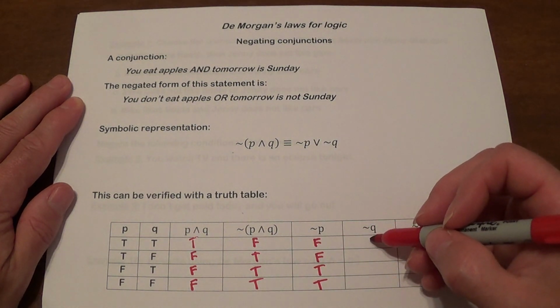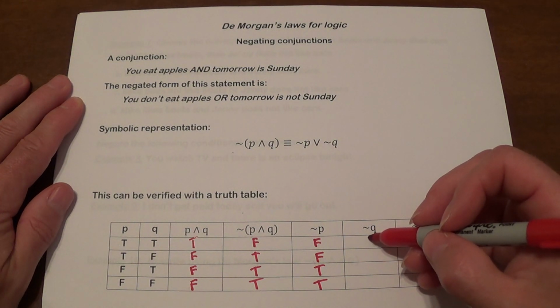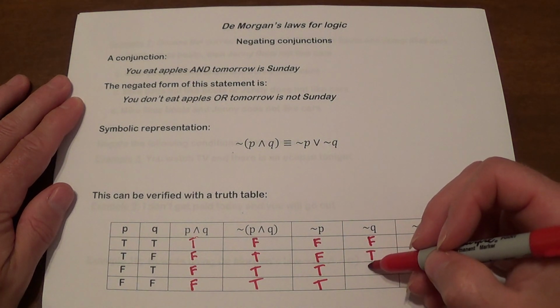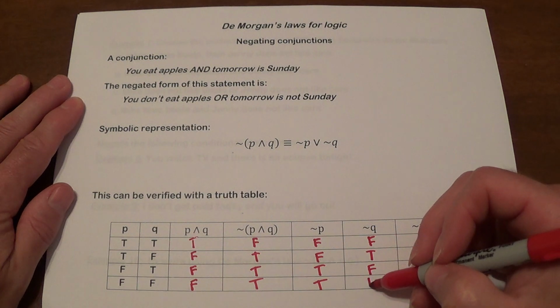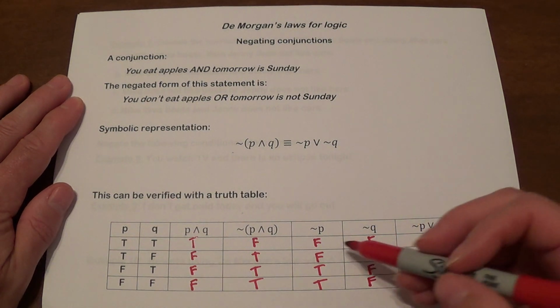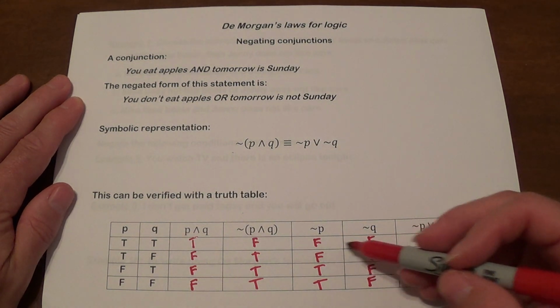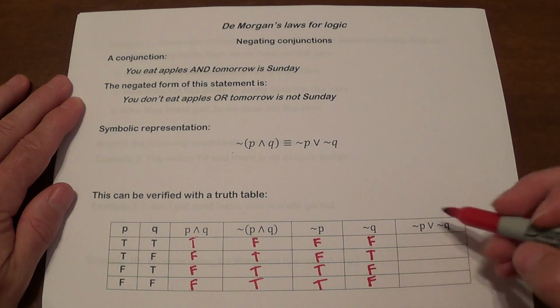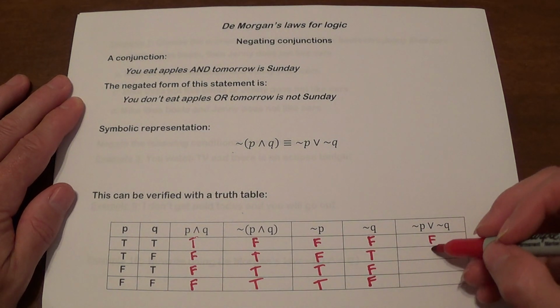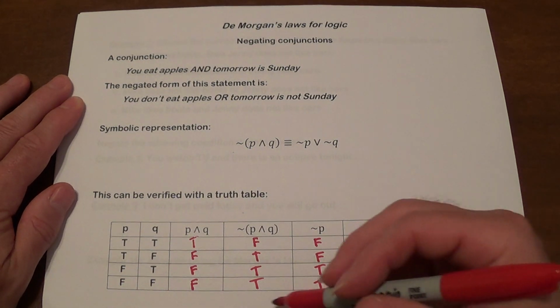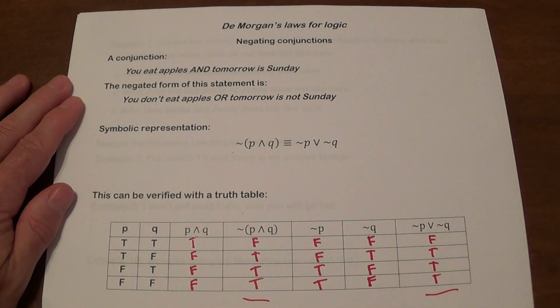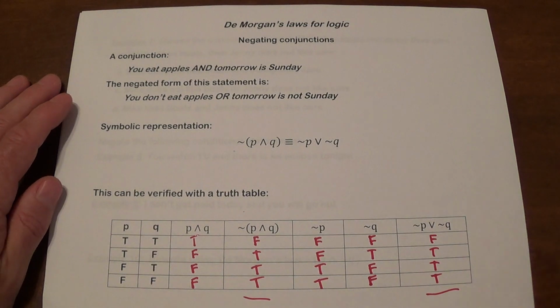Not Q will be false, true, false, false. And not P or not Q: the only one that's going to be false is the one with both F's. It's going to be F, T, T, T. And you can see that both columns have the same exact thing. That means these two statements are equivalent.